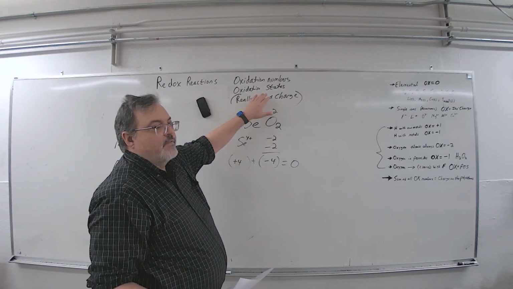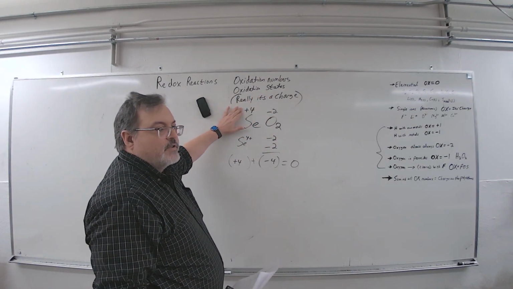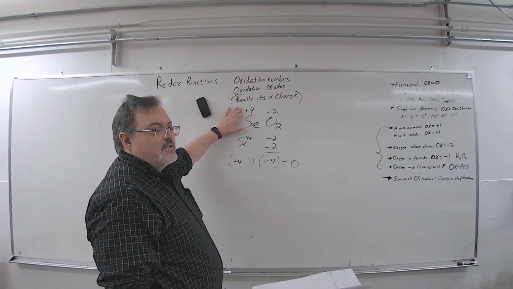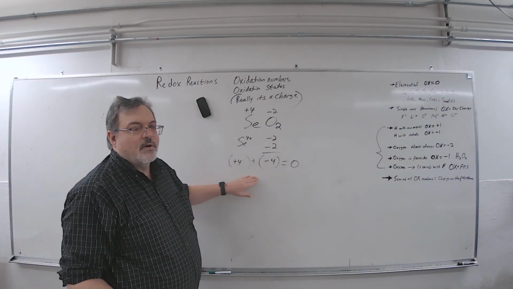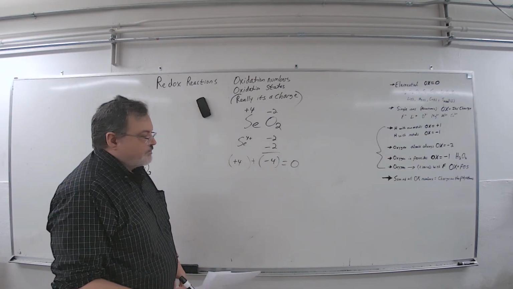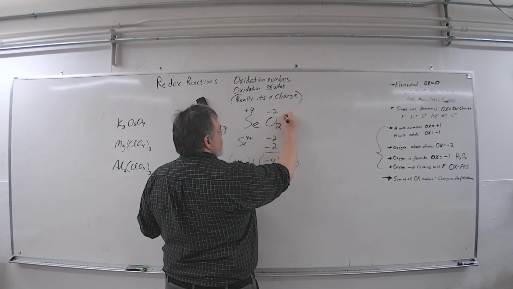So there's a total of -2 -2s. There's only 1 selenium, so there's only 1 plus 4. See what I'm saying? It does add to 0. It has to add up to whatever the charge is, and this charge is 0.